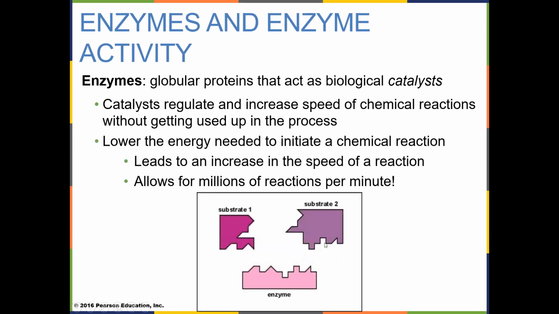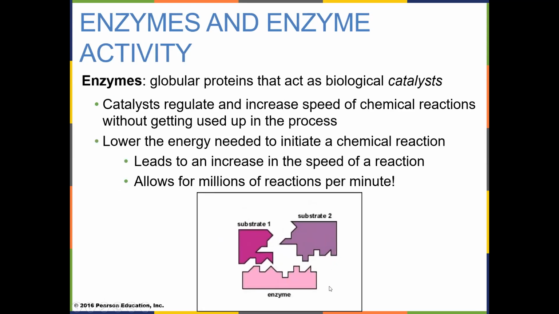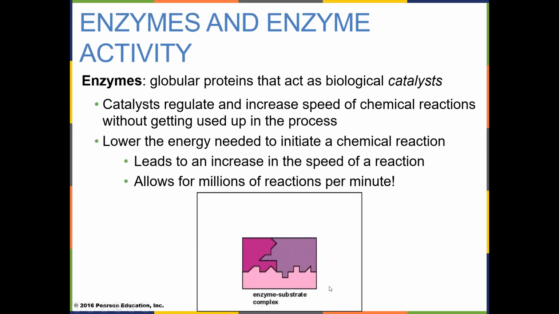So you can see there's a substrate, they're brought together on the enzyme at the active site. Bringing them physically together causes a reaction to occur, and we release the product.